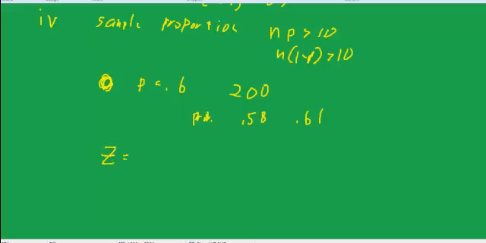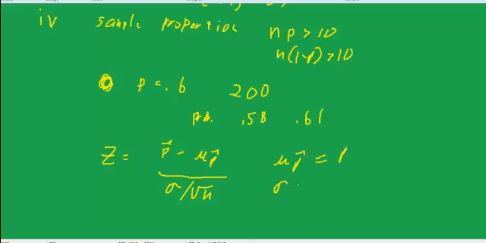Z in this case is equal to p hat minus mu of p hat all over sigma over square root of n, and mu of p hat is equal to the true p.